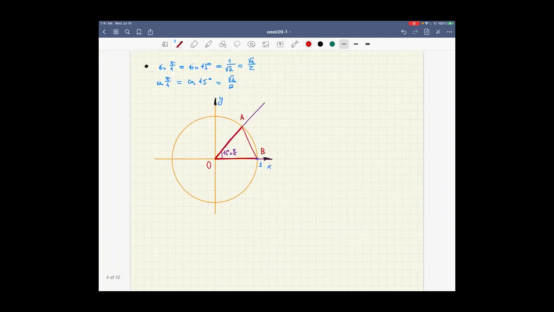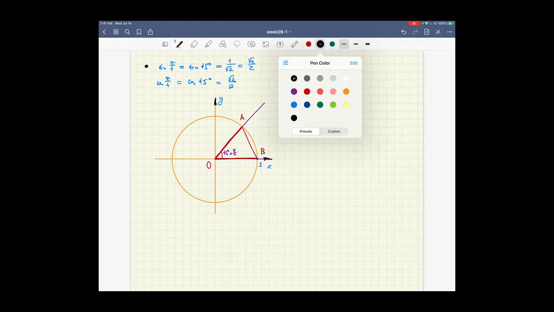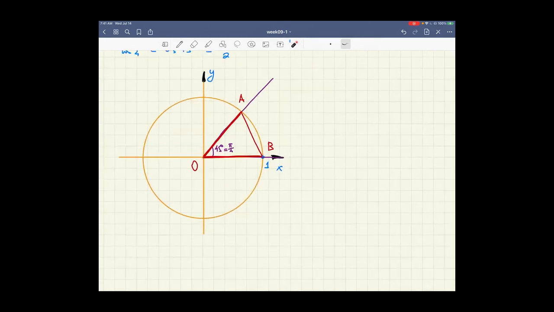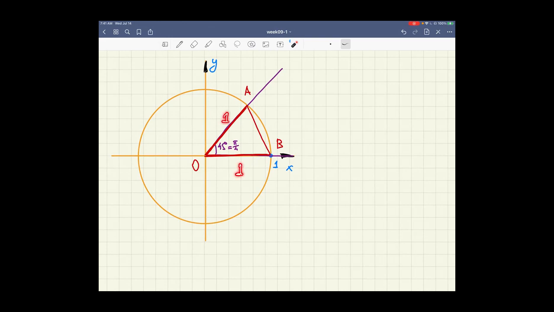First of all, we know that this triangle is isosceles. Triangle OAB is isosceles. What does that mean? It means that the length of two of its sides, namely OA and OB, are equal. Why is that? Well, because both are radii of the circle.